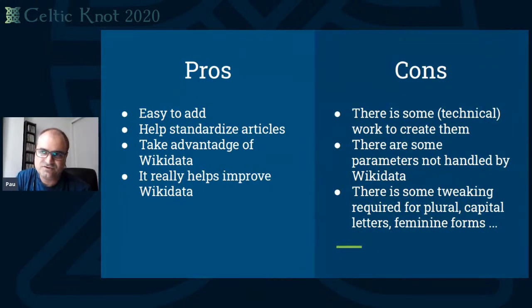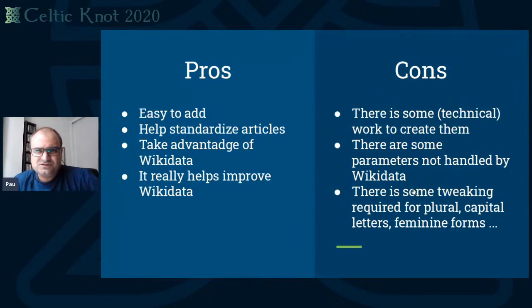This is very important. If you see an Infobox which is nearly empty, the next thing you do is to get to the Wikidata item and improve it. So this is a very good way to display the information you have in Wikidata, or the lack of information you have in Wikidata.